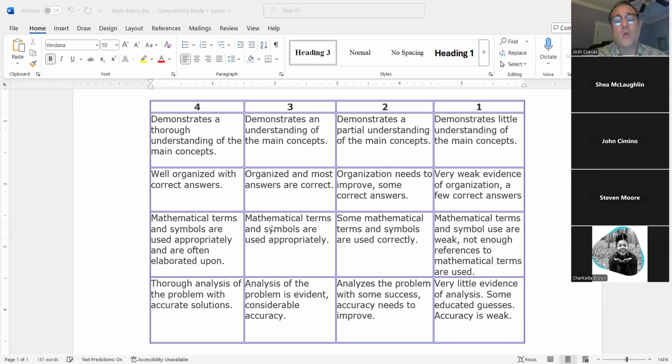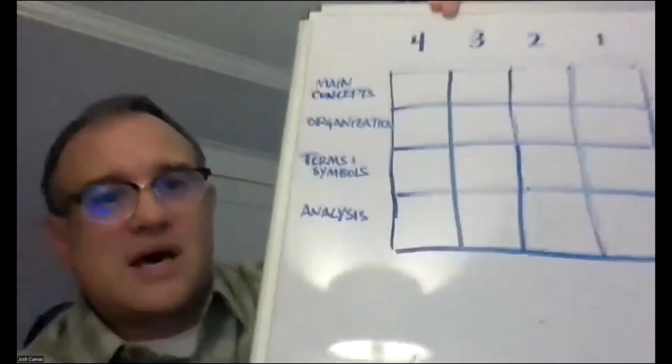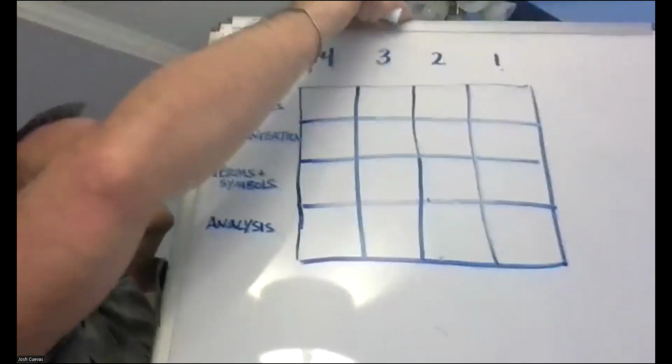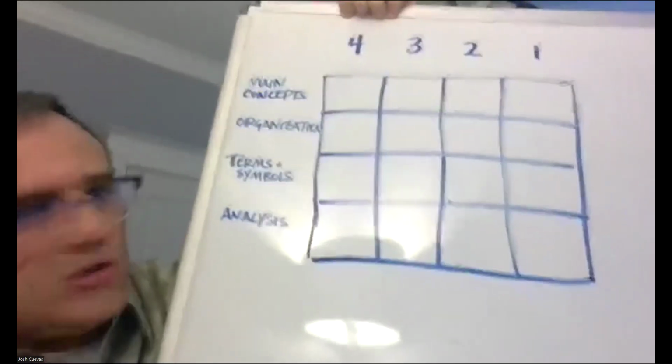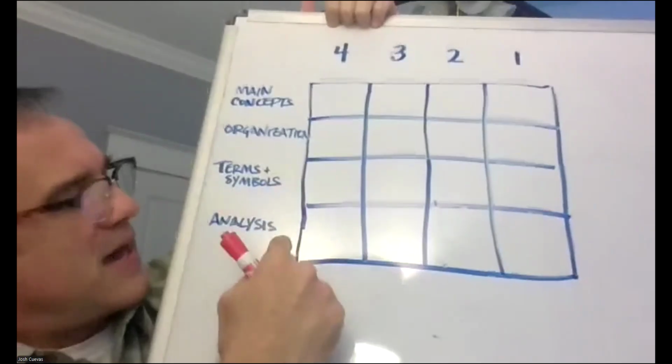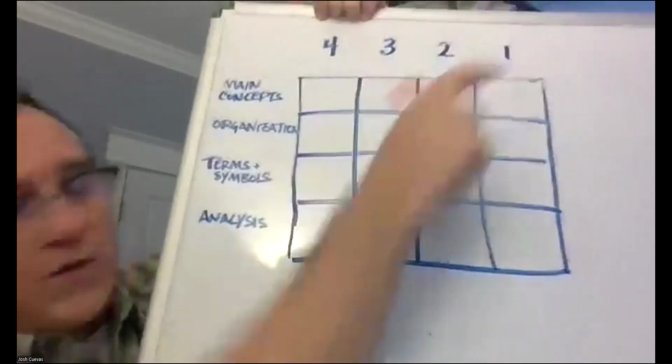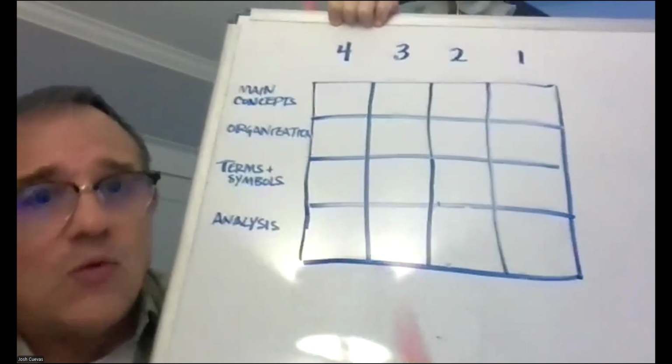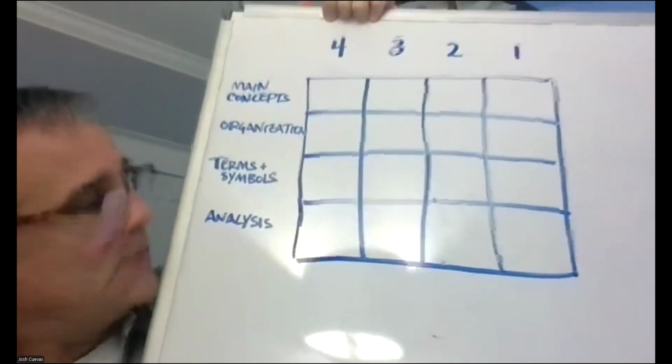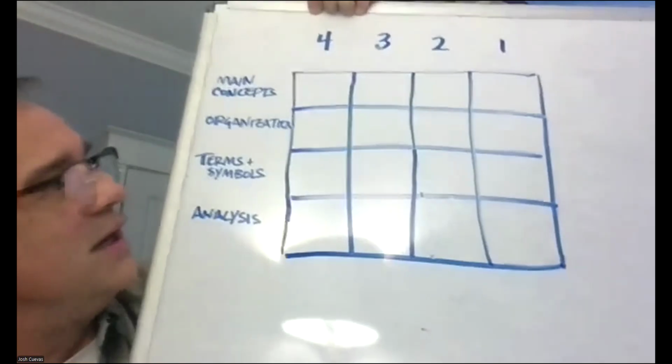You should be starting to see why it can be problematic. Now we're going to look at how this will pan out in terms of inter-rater reliability. For that, I'm going to pull out the whiteboard. Can y'all see that okay? Yes. Okay. Basically the same rubric. We have the categories here, the same, and 4, 3, 2, 1. Let's say you have one teacher who's going to be grading in red here.